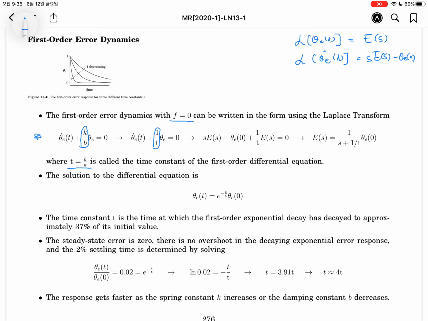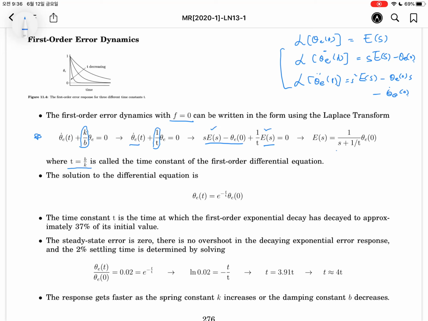Is it right? Maybe one more, theta e double dot(t) will be s squared E(s) minus theta e(0) s minus theta e dot(0). Two initial conditions are given, which should be utilized to derive the ordinary differential equation in terms of s. Anyway, the first differentiation will be given like this, and the second one.